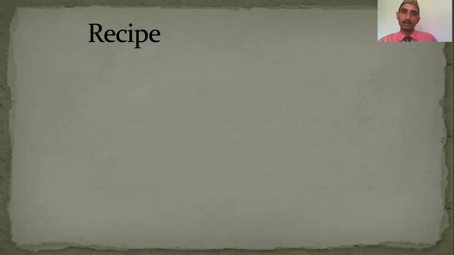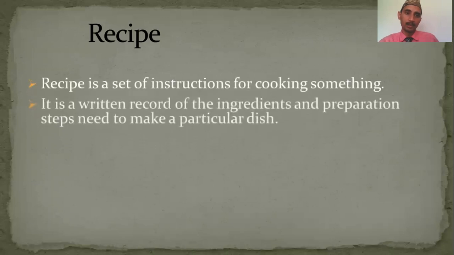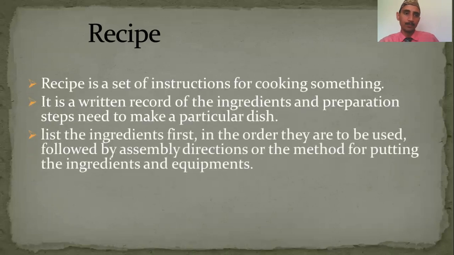You can say this is a kind of written document which has all the ingredients specified there, as well as utensils and instructions. So you can say recipe is a set of instructions. We can specify all the things according to the order.